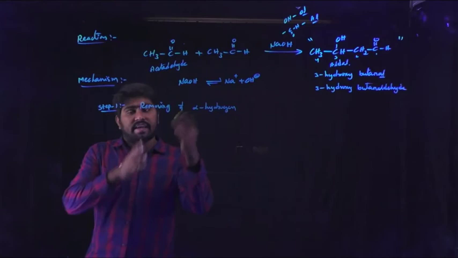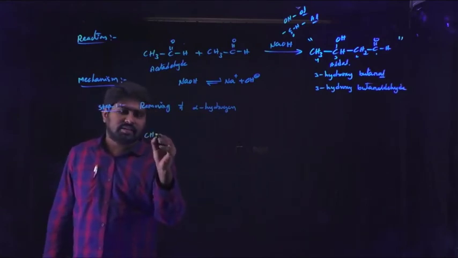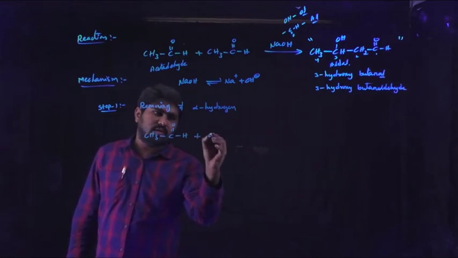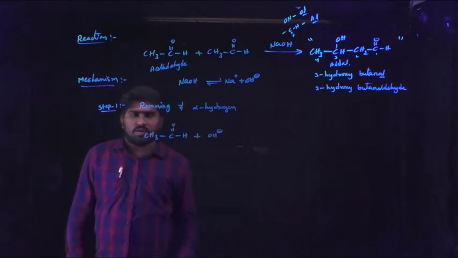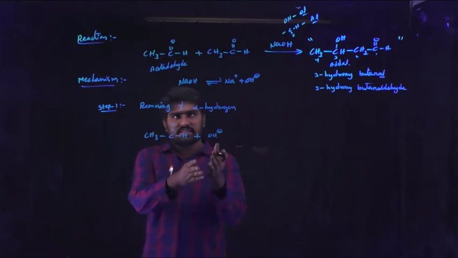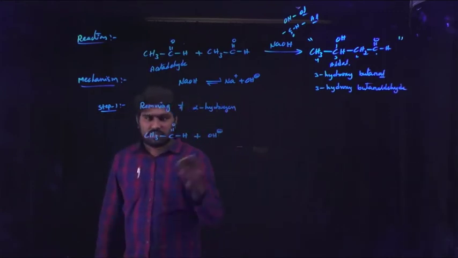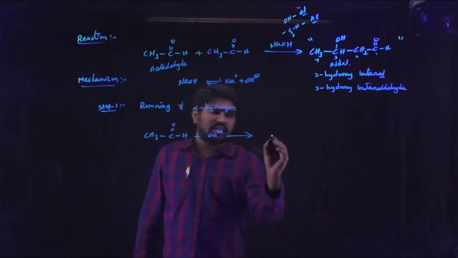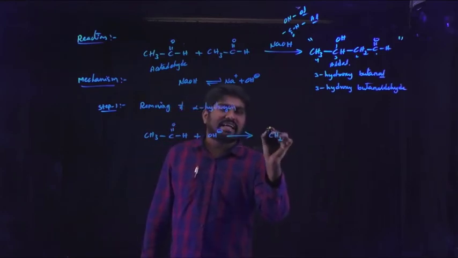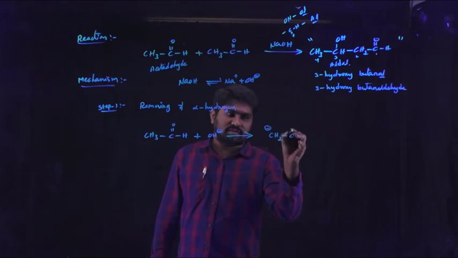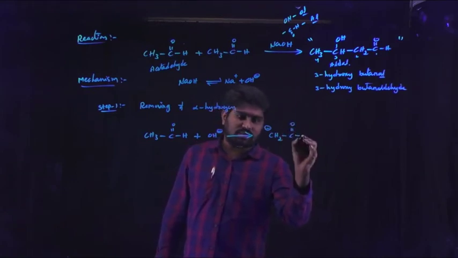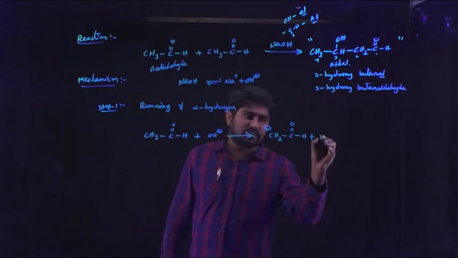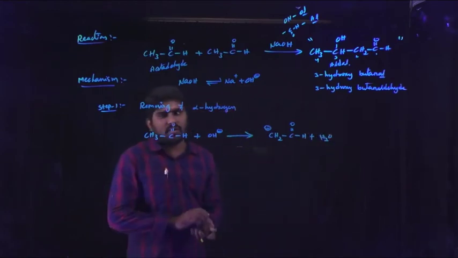Now take any aldehyde, CH3 C double bond O H, plus OH minus. This OH minus comes from the NaOH. When the reaction takes place, it produces a carbanion.